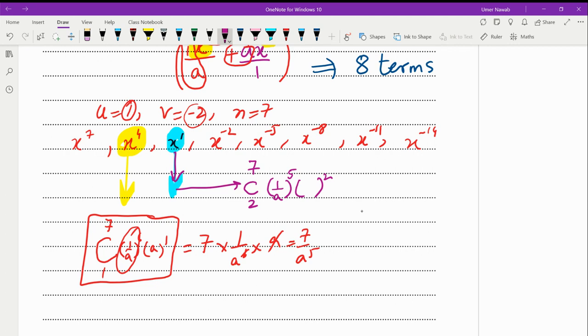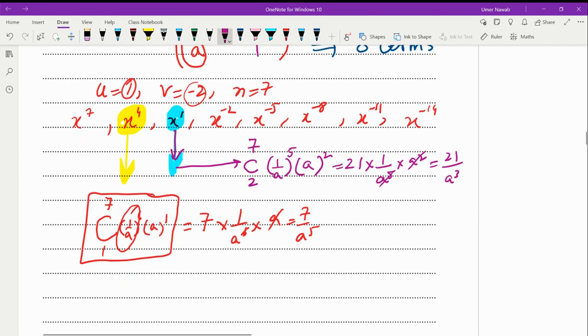What is the coefficient of x^-2? That was a. I just copy it from here. When I simplify it, guys, 7c2 equals 21. 1 over a^5 is 1 over a raised to 5, and a squared cancels with this one. So in simplified form, I'm going to get 21 divided by a^3.